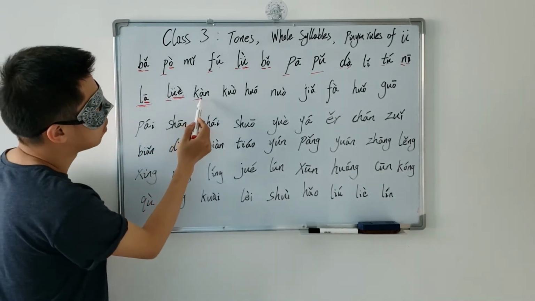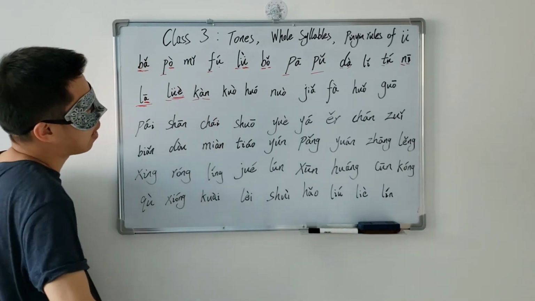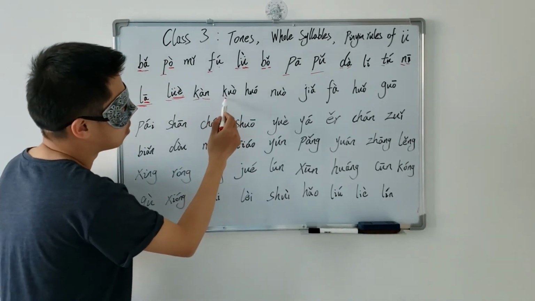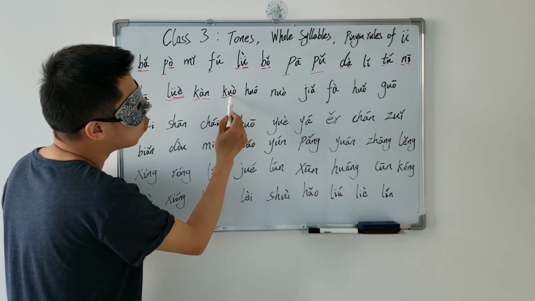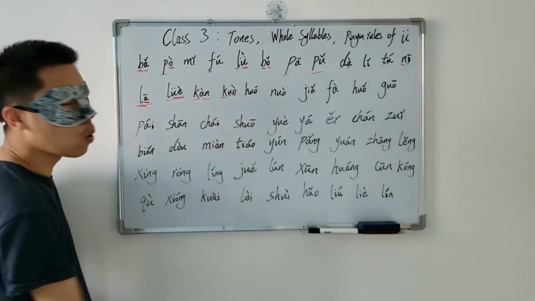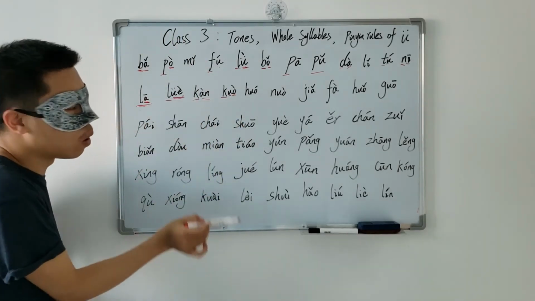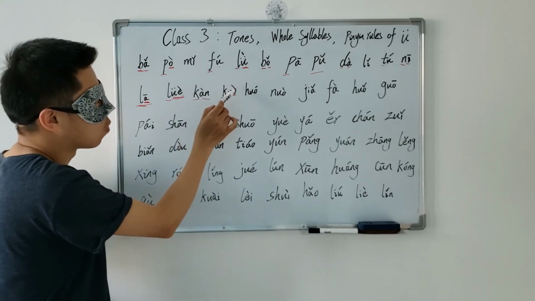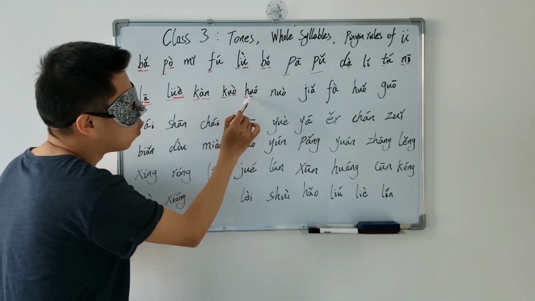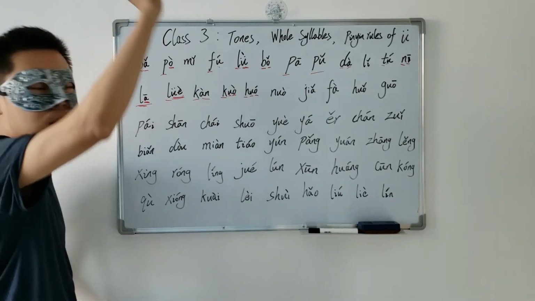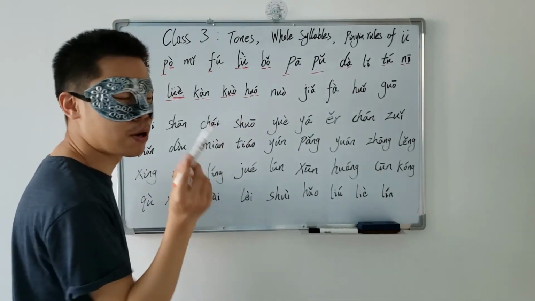This is k, an, the first tone, kan. This is k, wo, ko, the first tone. This is h, wo, ho, the second tone.